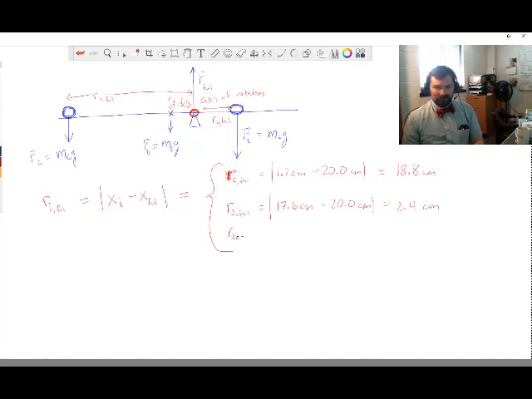Our fulcrum position is just 0 because it's at the axis of rotation. And our position for the other mystery mass was at 23 centimeters.